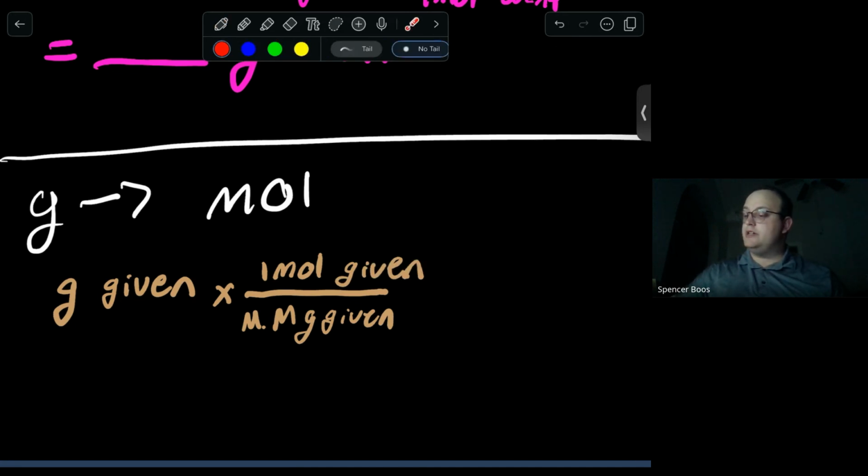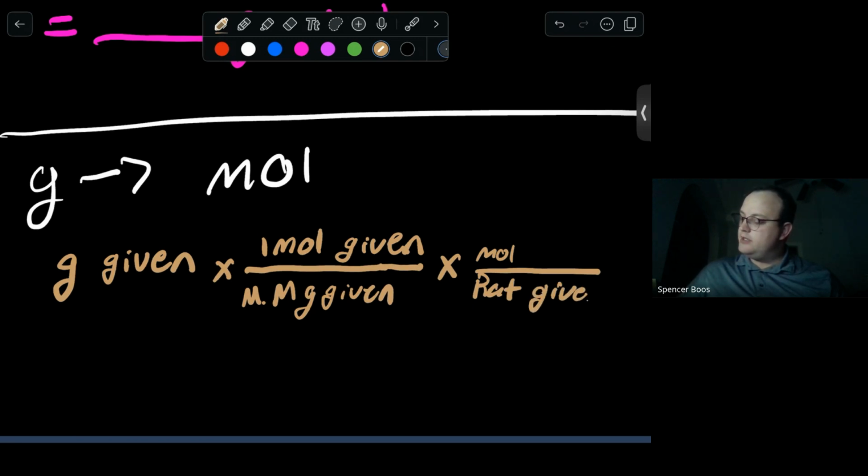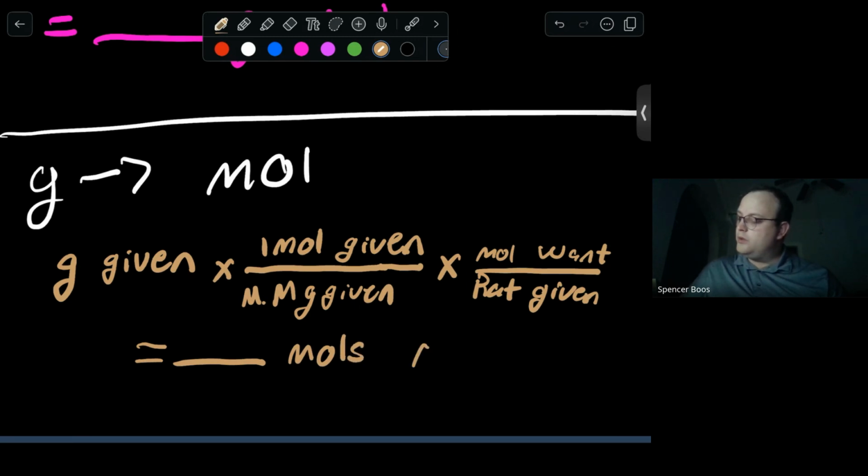Notice that we've got grams of given here and the molar mass with grams down here, canceling out the grams. We then multiply this by the mole ratio of your given on the bottom and your want on top. This will give you your final answer in moles of your want.